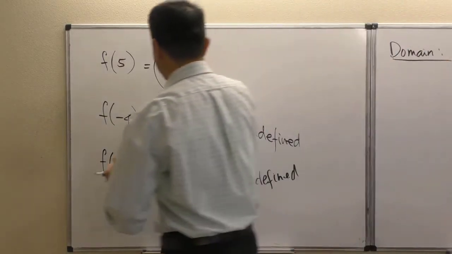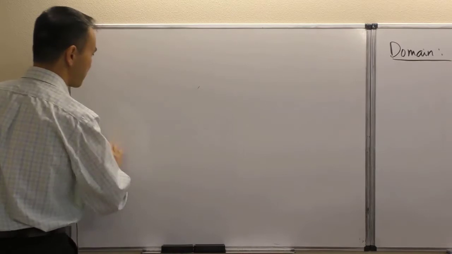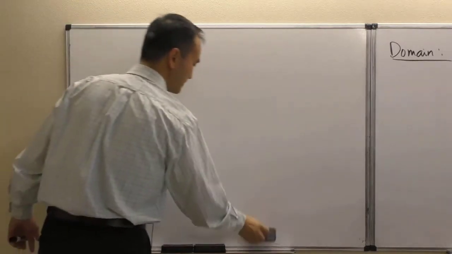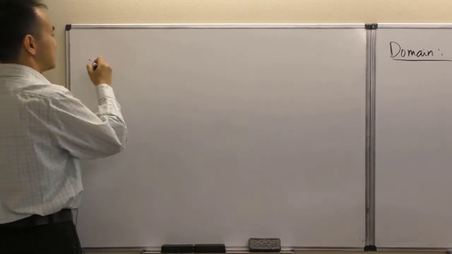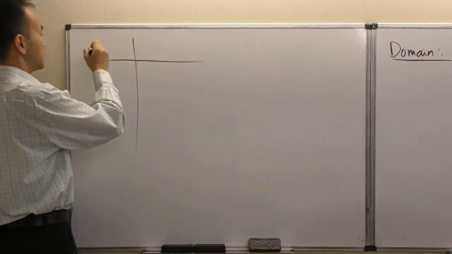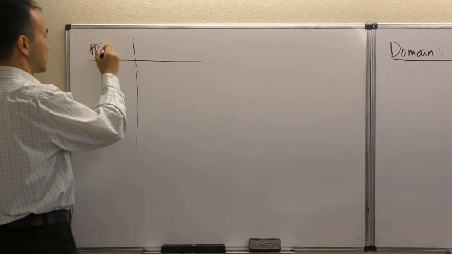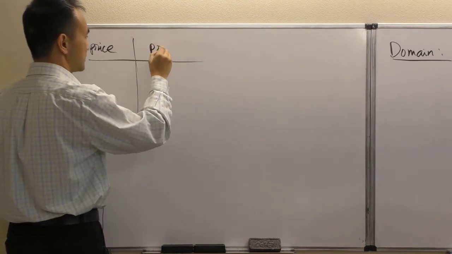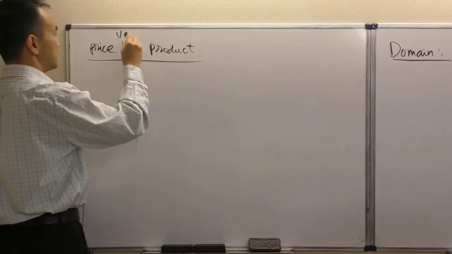Let's look over at this board. All right, so for our vending machine, this time I put the price on the left-hand side column, and then the product comes out on the right-hand side. And this is the vending machine.